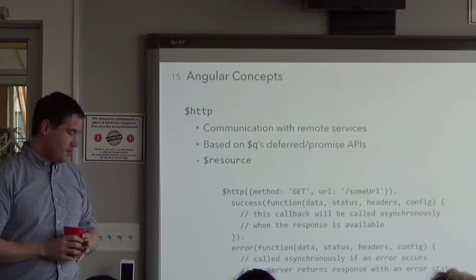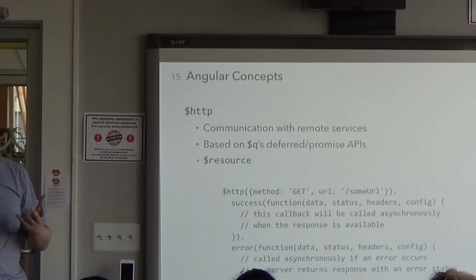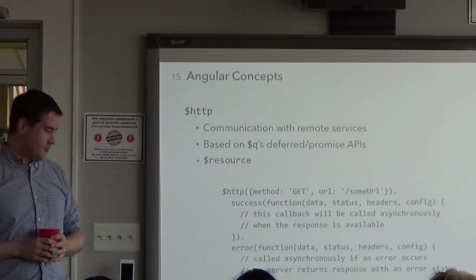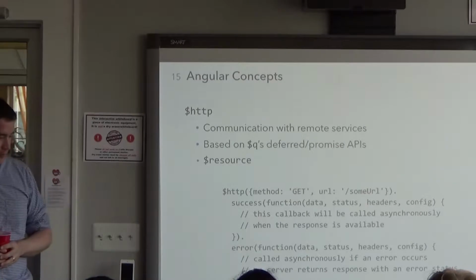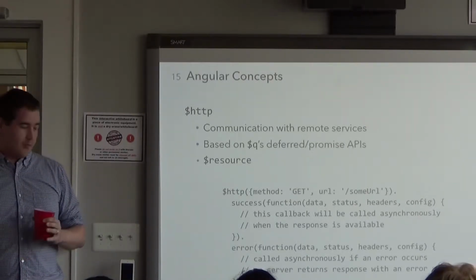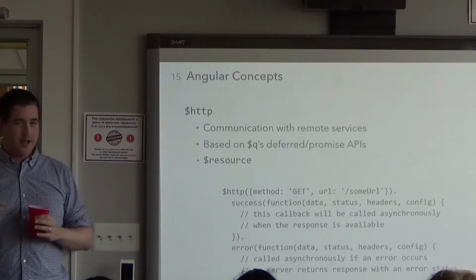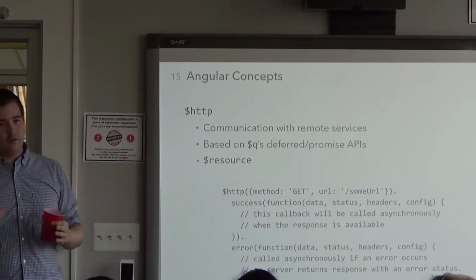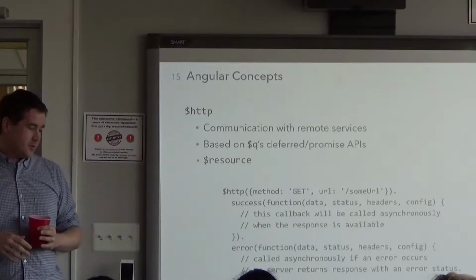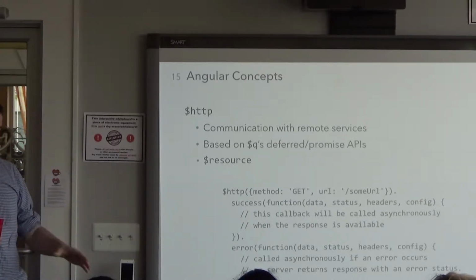HTTP is the jQuery AJAX equivalent in Angular. It's what they provide to talk to remote servers. It uses the $q object, the deferred promise APIs, and then I put resource on there because resource is a higher level abstraction around HTTP. You use either or. If you use resource, you don't have a success in it.